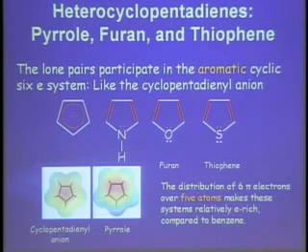And that imparts stability to this thing because it's a cyclically delocalized 6-electron frame. So the picture that we used for CP anion, cyclopentadienyl anion, was this.